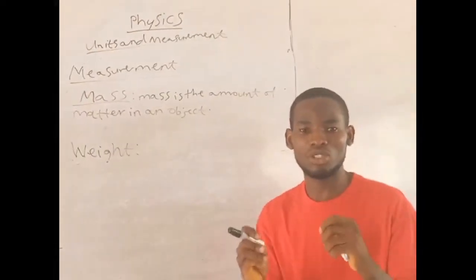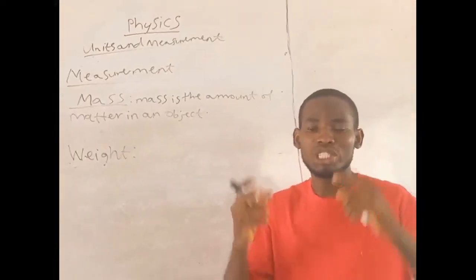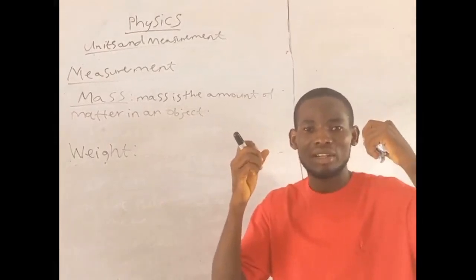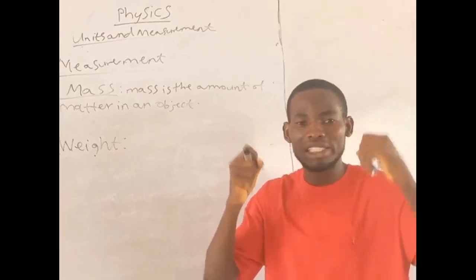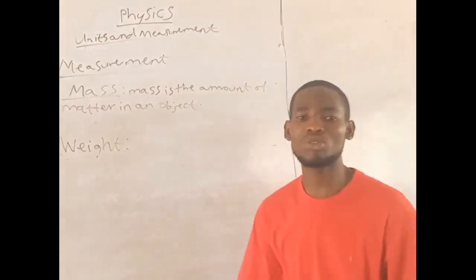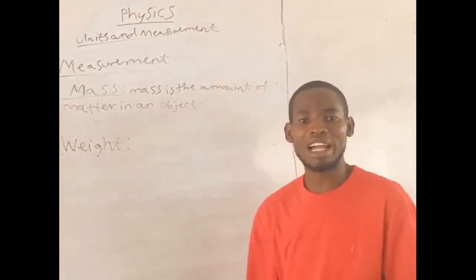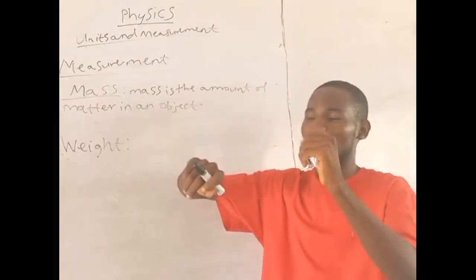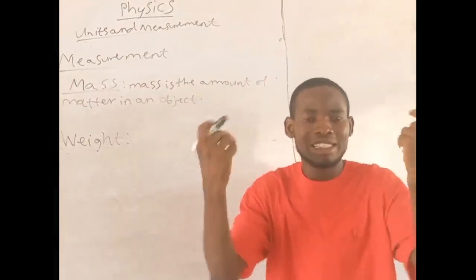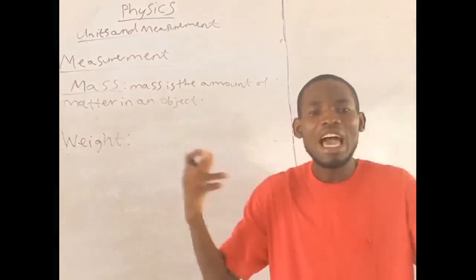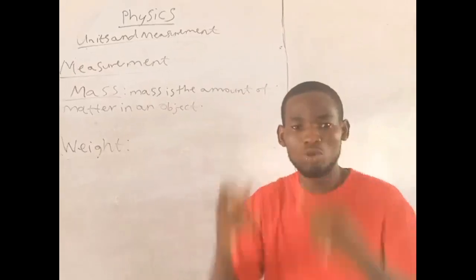Weight is the force or pull with which the earth attracts every object to its center. What do I mean by that? Why is it that if you throw something up, it comes back, or you shoot a gun, it moves in a parabolic path and comes back to the ground? Because there is a gravitational force acting on that object, which draws it downward.